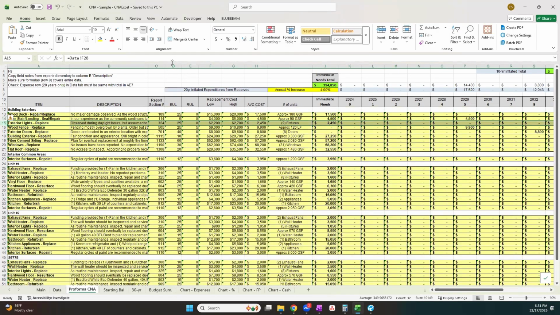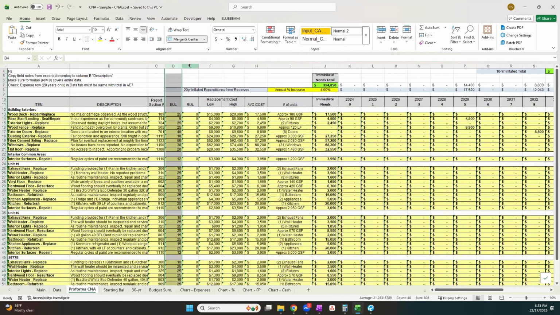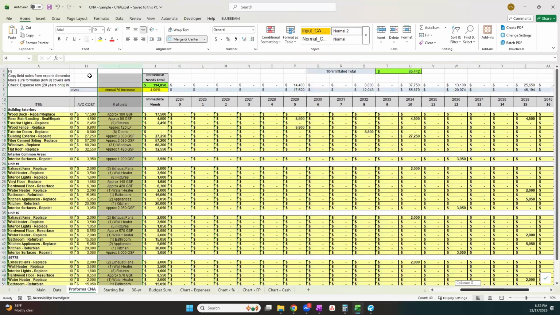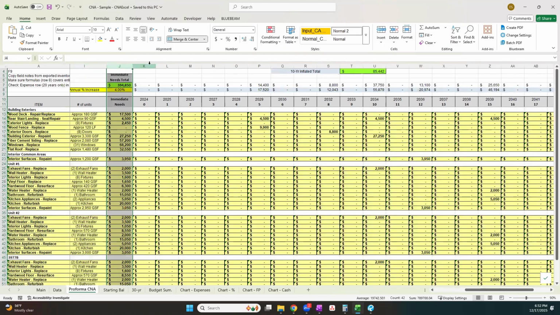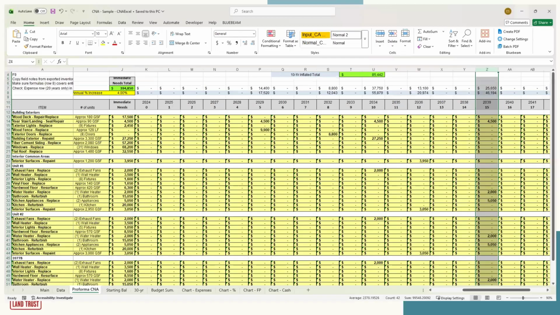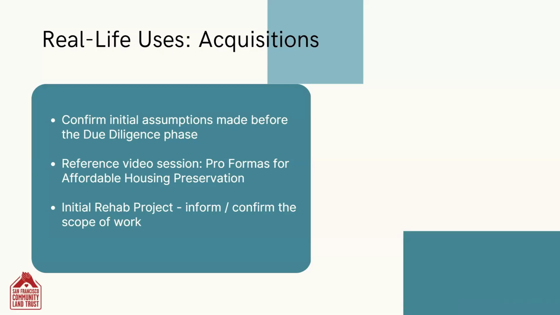It has their existing useful life, the remaining useful life, the high and low and average replacement cost, the number of units, and then it's got the immediate needs, and then broken out every year the amount of work required. Okay. So that's an additional cost, and I highly recommend that you request that whenever you're getting a CNA report done.